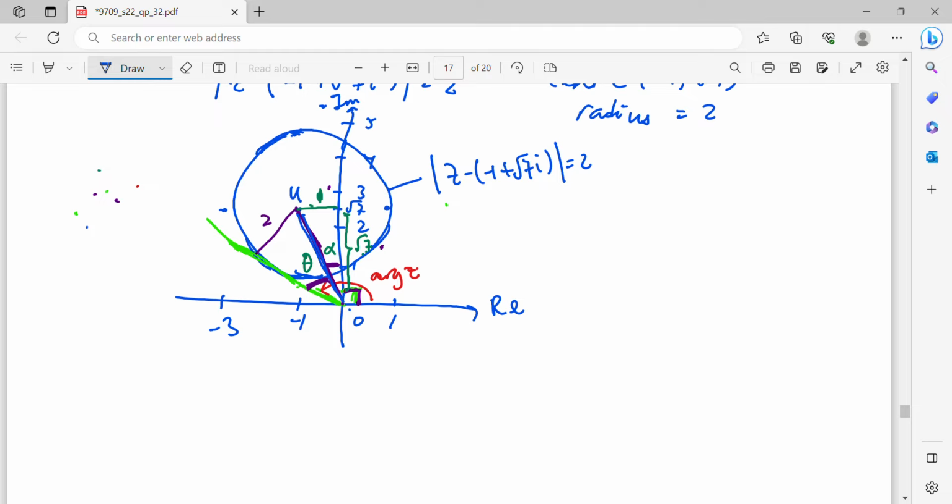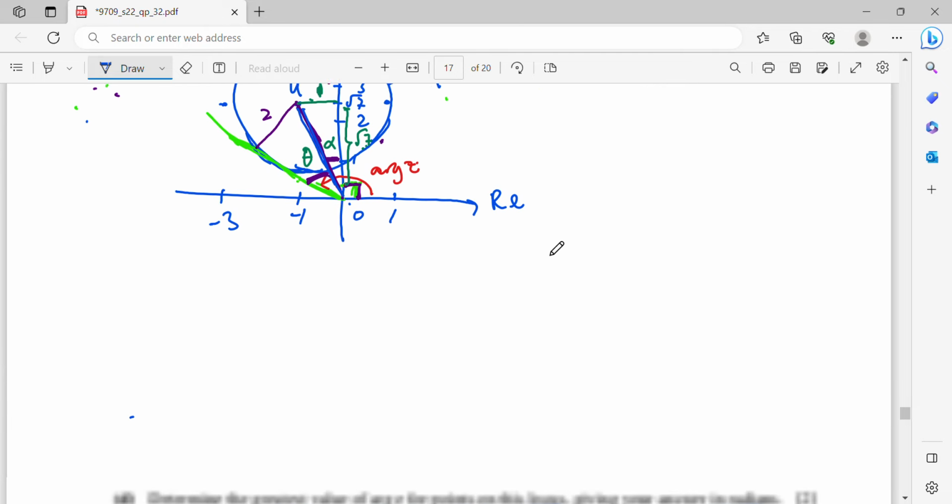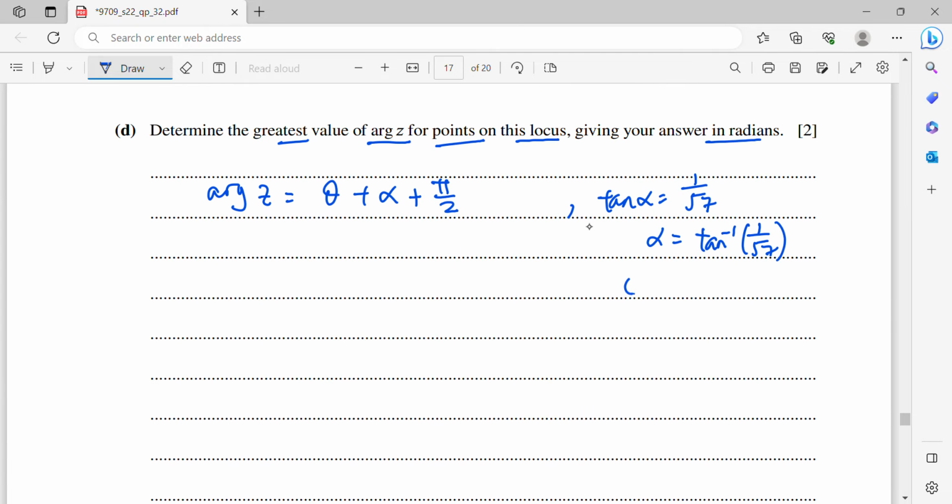So OU, right? Using Pythagoras theorem, OU equals the square root of 1 squared plus the square of square root 7. That means you are getting 1 plus 7, square root 8.